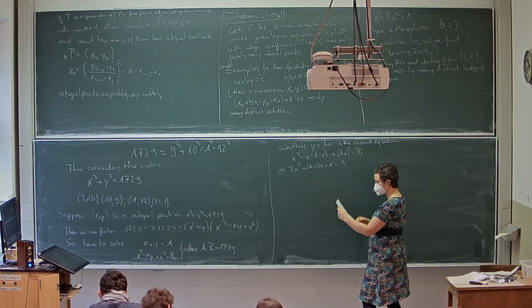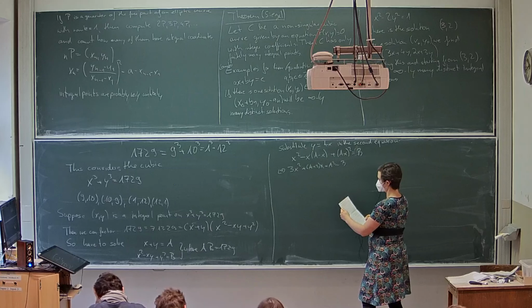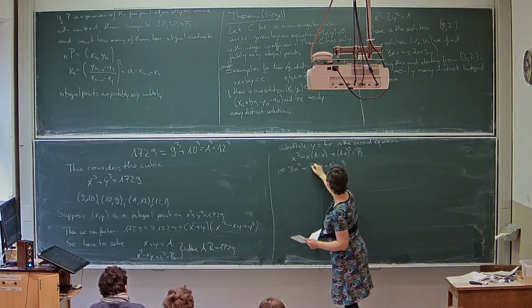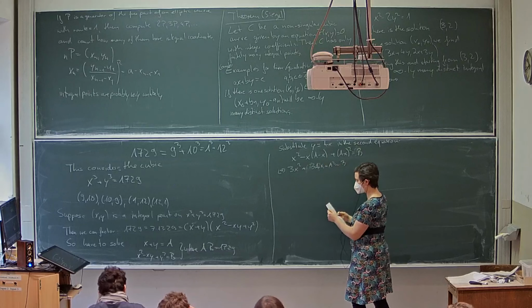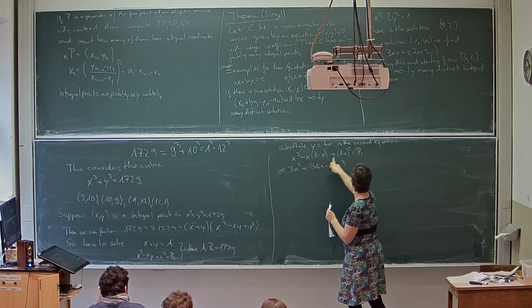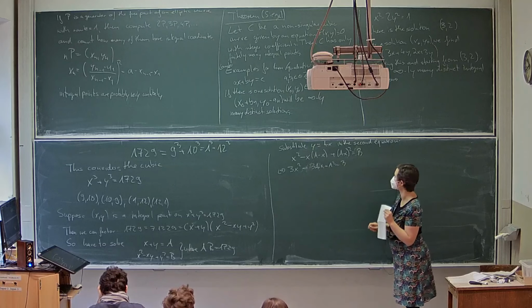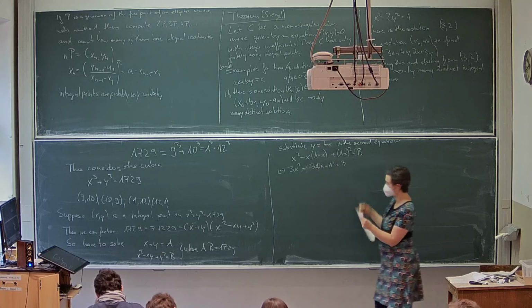Is this correct? This is 2a, so this is 3a. Oh, I have a minus here. There's a minus, yeah, okay. This should be correct now: 3x squared minus 3ax plus a squared is equal to b.